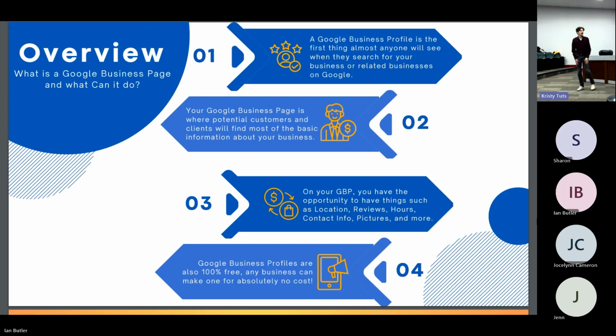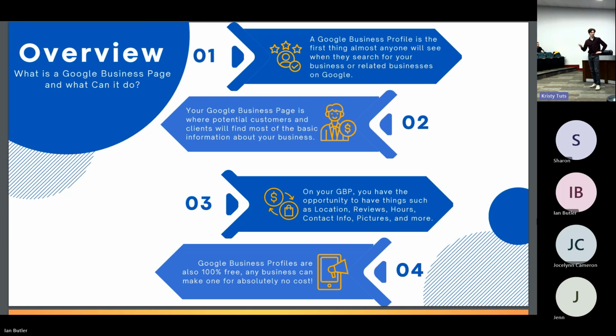So to get us started, I just want to go over what actually is a Google business profile and what can it do. A Google business profile is the first thing that almost anyone will see when they're searching online for your business or anything related to your business. You've probably seen these before. You can even test it right now if you have a phone.